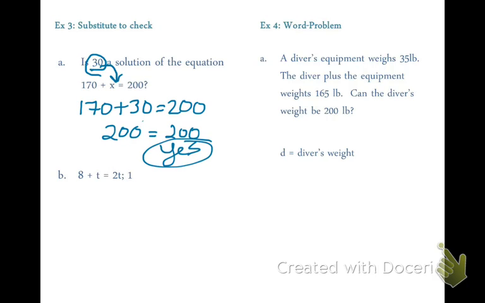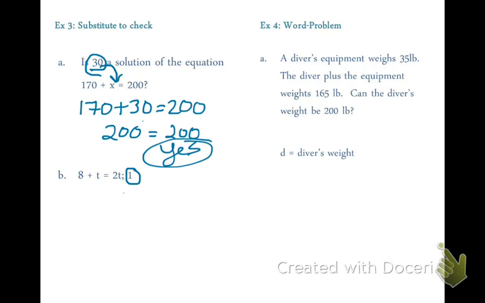Okay. Another way they might write it is 8 plus t equals, and then they give you something over on this one, and this one says 2 times t. And then they give you a semicolon. That semicolon is saying the number after it is separate from the equation.